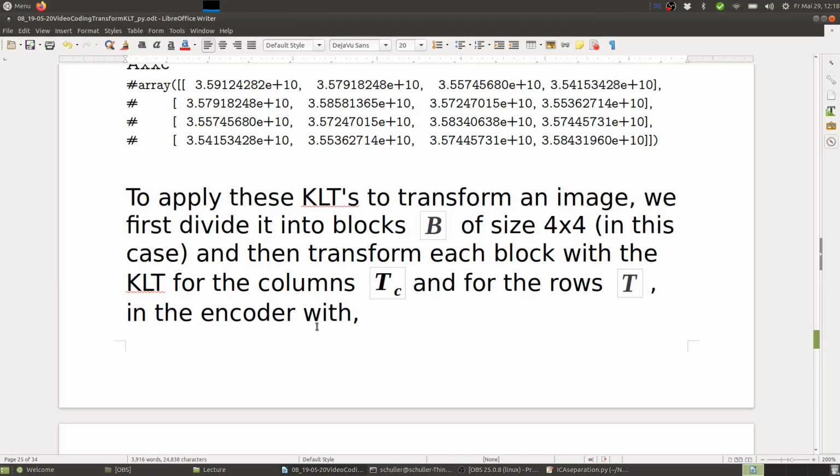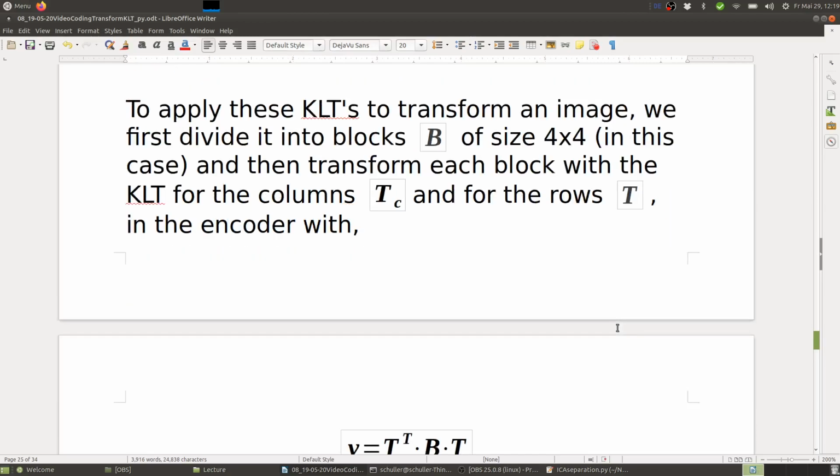To apply these KLTs to transform an image, we first divide it into blocks B of size 4 by 4 in this case, and then transform each block with a KLT for the columns and for the rows T. So the columns TC comes from the left hand side, and for the rows T from the right hand side.